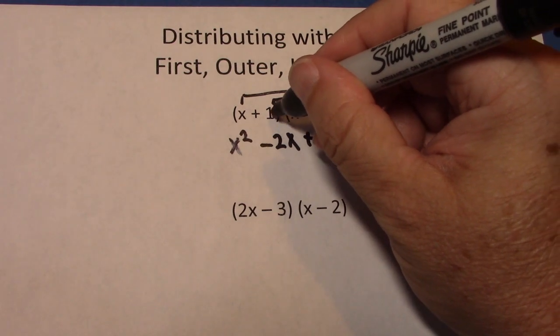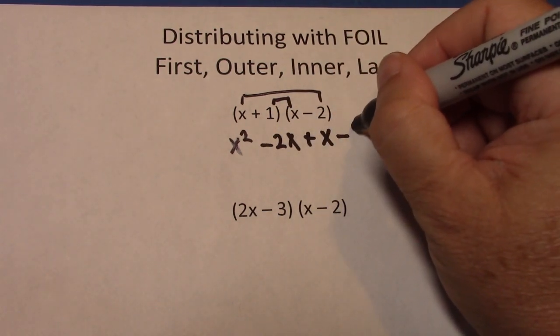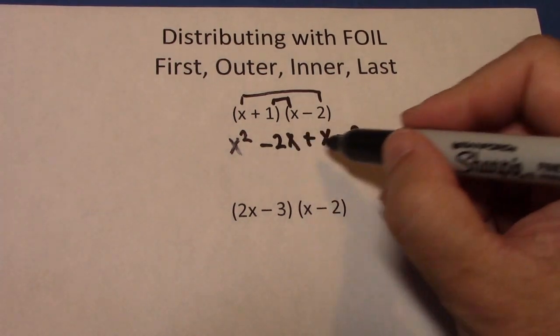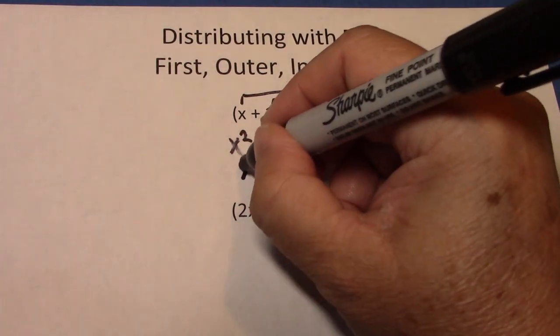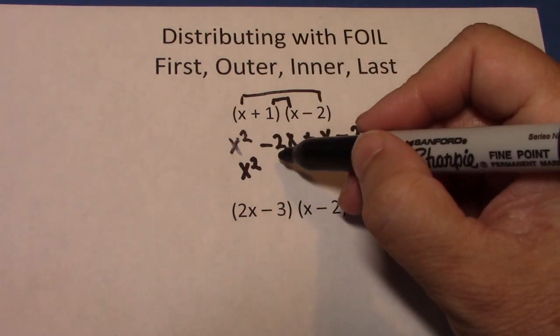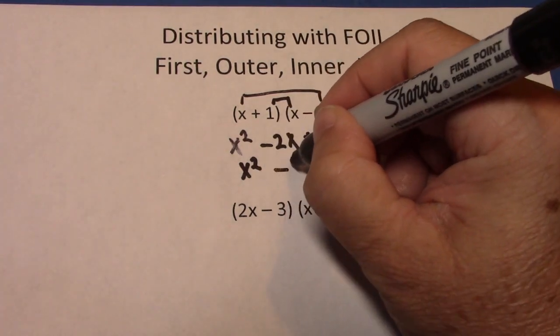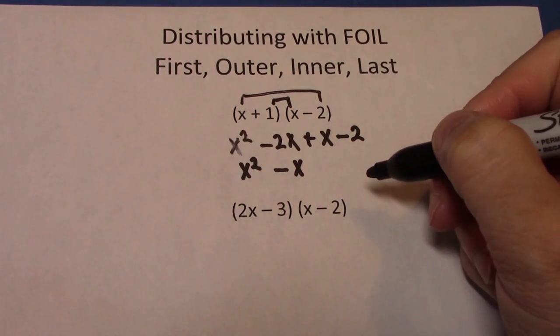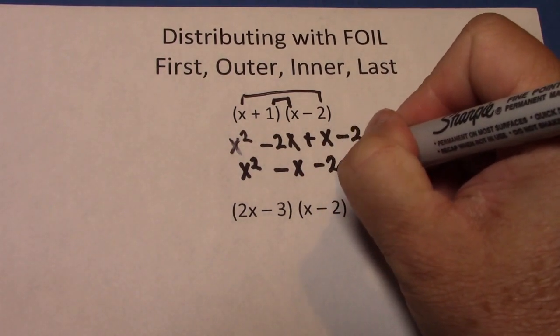And then I'm going to multiply 1 times negative 2. I'd get a negative 2. Now there's some terms that we can combine because we've got two x terms. So the x squared minus 2x plus another x, that's just minus x, or minus 1x. I'm not going to write the 1 because it's understood. And then the minus 2.